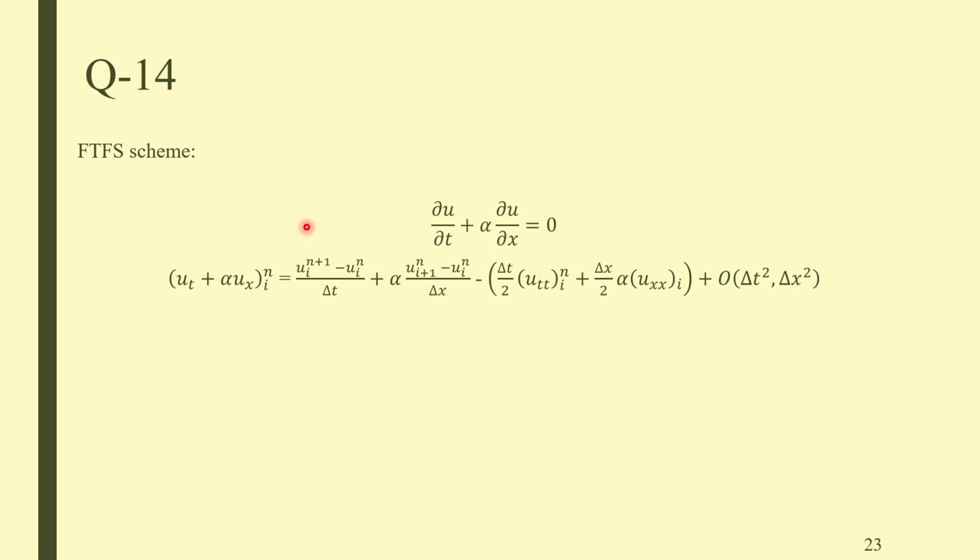And here we are using the Taylor series, so the rest of the terms would be there as well. So what are the terms remaining?